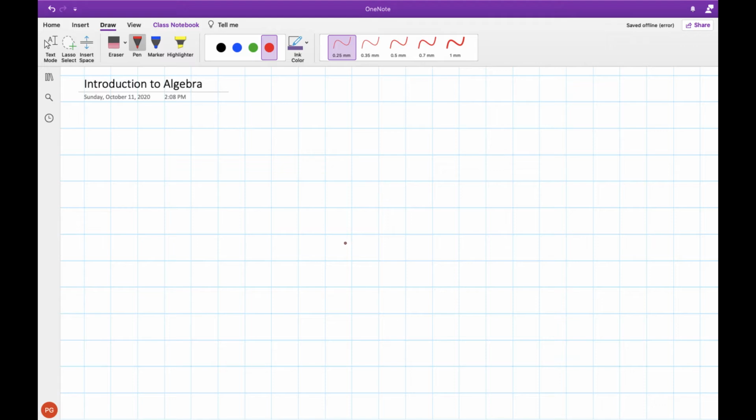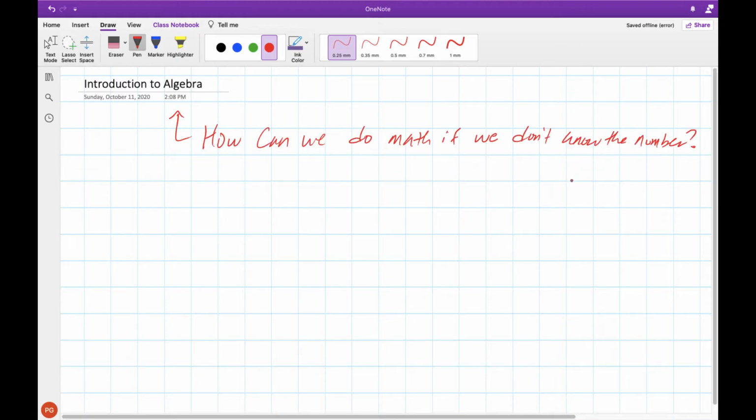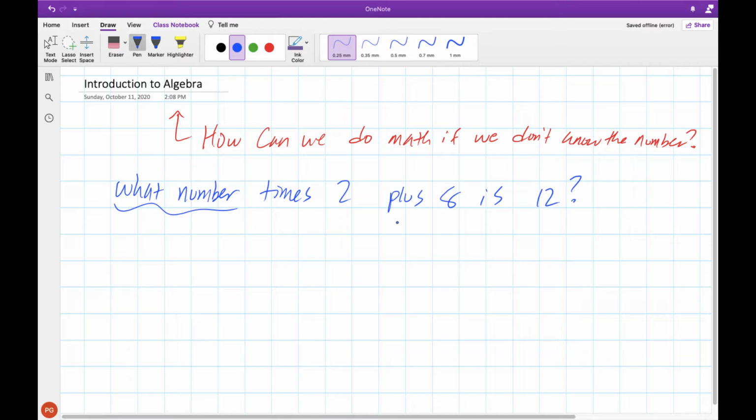So before we dive into it, it's probably important to talk about what algebra actually means. Now the idea of algebra is, how can we do a math problem if we don't know the number that we're supposed to be working with? So for example, what if we wanted to know what number times 2 plus 8 gives us 12? This idea of what number, this is the whole core of what algebra means.